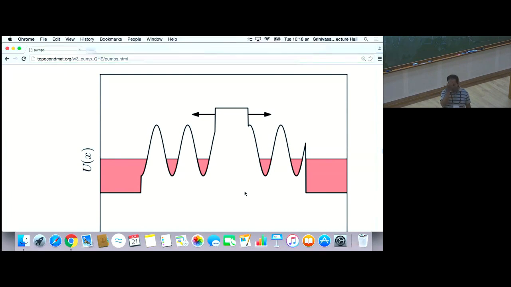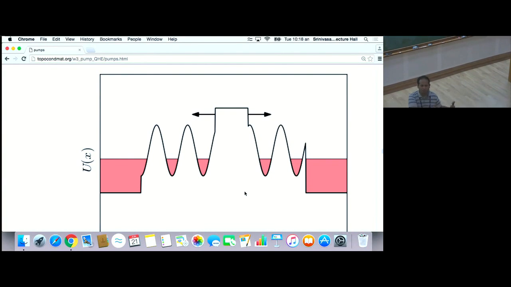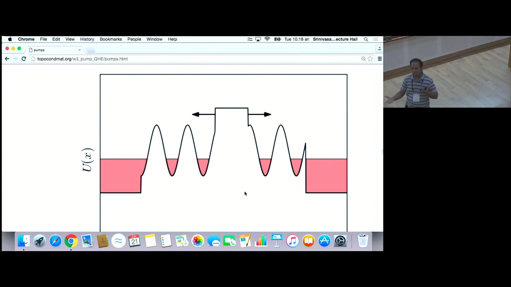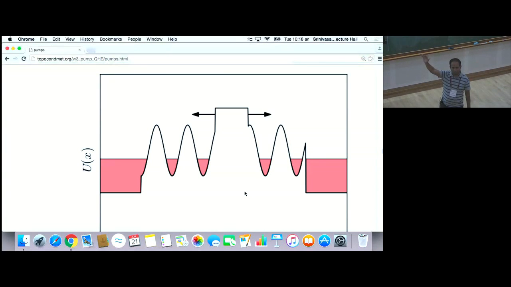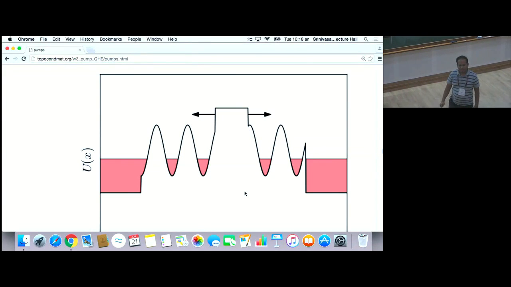This is sort of a technical problem: if I want to define my pumping invariant, I want to say that I transfer some amount of charges from left to right, but the trouble is I don't know how many charges there were on the left or the right. And the way I solve that problem is by raising the potential in the middle of the pump so that it completely empties all the electrons from the middle of the pump. So if I do that, then now all my states are either on the left or on the right.